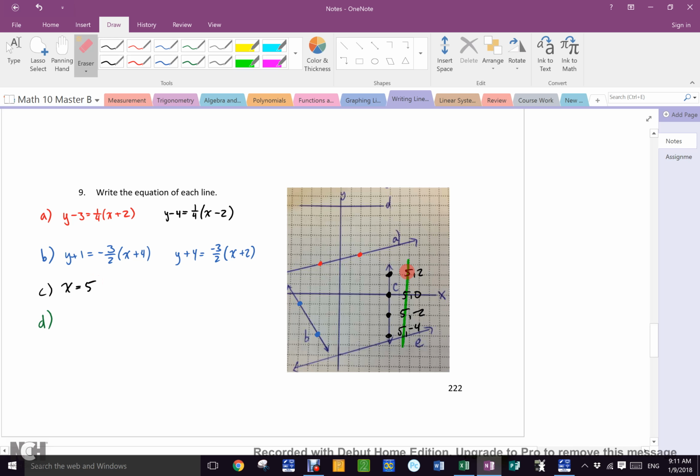So, after being reminded of that from the 9th grade, you should now be able to tell me what D is without even thinking about it.